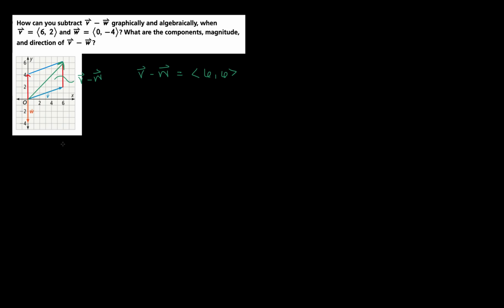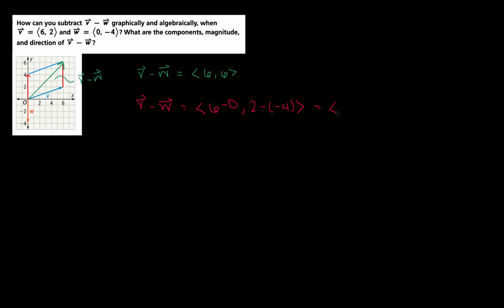Now the components, if I were to do this algebraically, I'm going to choose this red for algebraically, I would have vector v minus vector w, and this is going to be 6 minus 0, comma, what is this? 2 minus a -4.